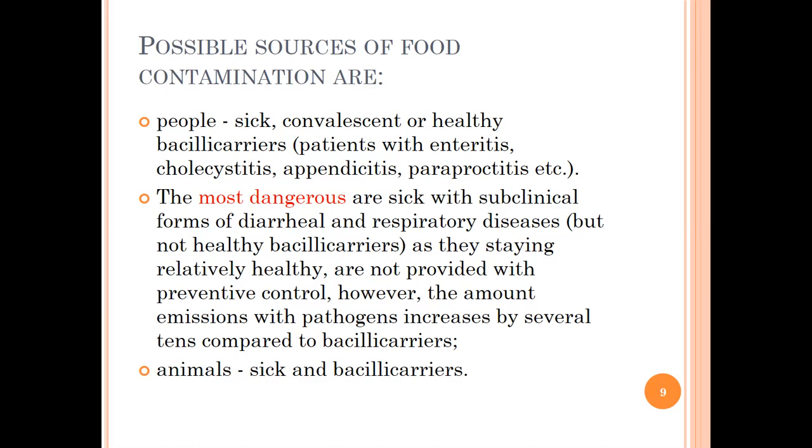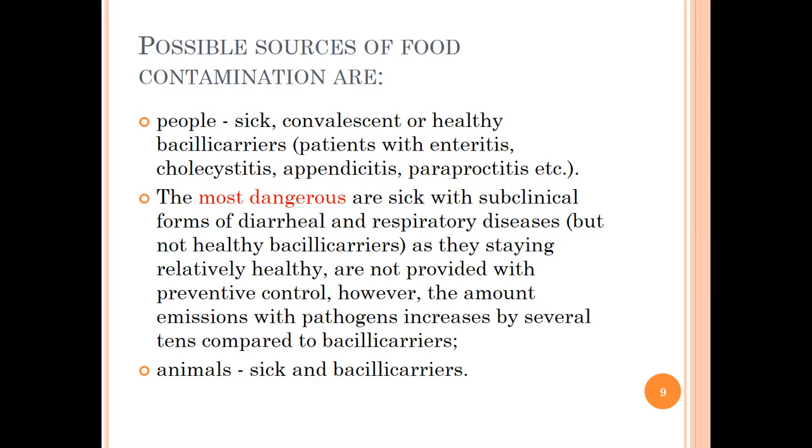And I should share that the most dangerous source of infection is a sick patient with subclinical forms of diarrhea or respiratory disease, not healthy bacilli carriers, but convalescent recovering persons who look almost healthy but still have diarrhea or some signs of respiratory disease, because they maybe are not provided with a medical checkup.